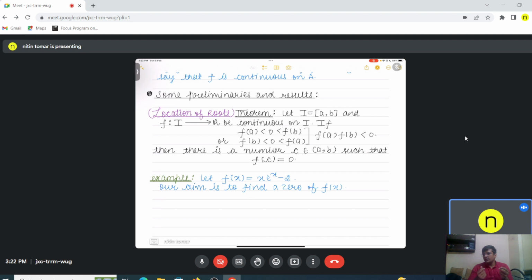First step should be to find an interval in which that 0 lies. Second step should be, can we compress this interval, in the sense that at every step you are getting a smaller and smaller interval? And this is where location of root comes into the picture. So we'll see the application of this location of root theorem with this example.